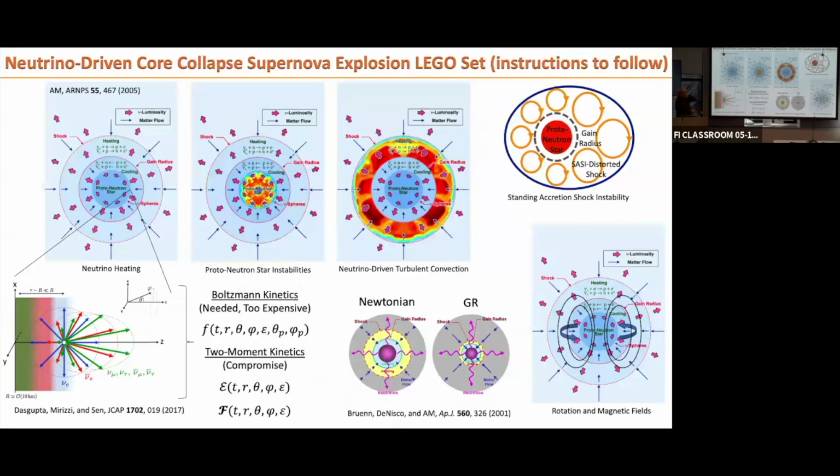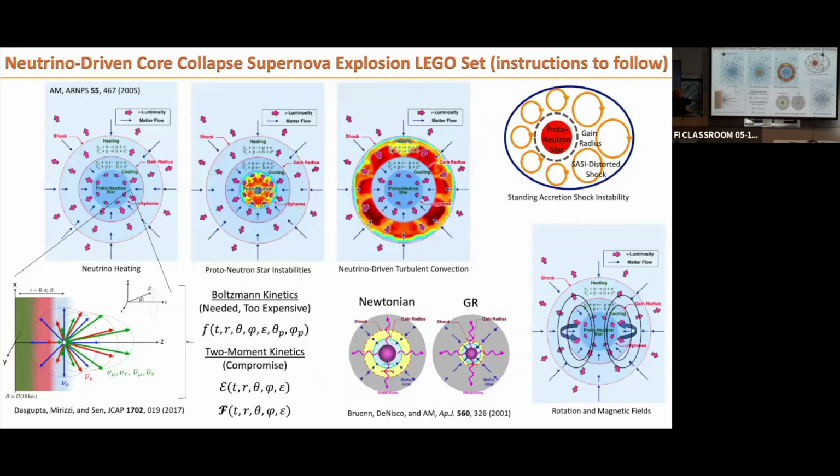In any event, he discovered that this electron neutrino and electron antineutrino absorption, post-shock material heating, shock reheating, was able to revive the supernova shock wave and generate a supernova explosion.